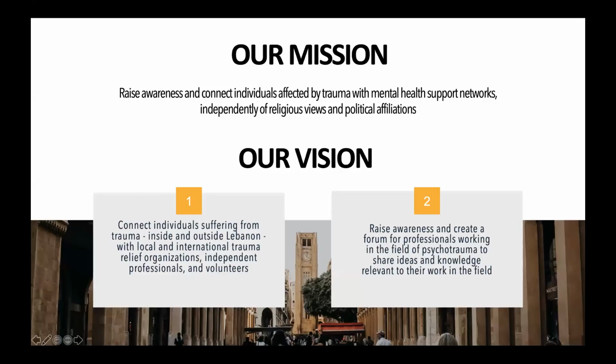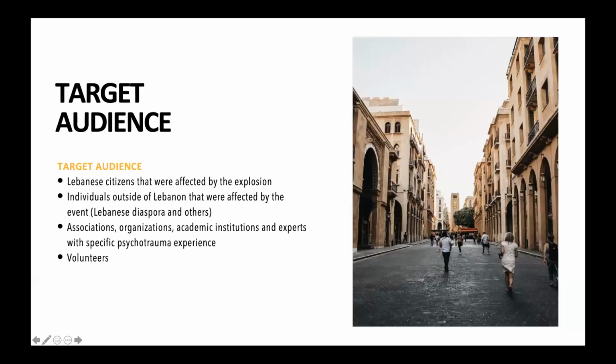So who are we looking at here? Obviously, the primary set of people that we want to help are the Lebanese and the people living in Beirut who were directly affected by the explosion, by losing their house, losing their job, or losing a family member, or having friends who were directly involved. But there is also a vast number of Lebanese citizens who don't live in Lebanon anymore.